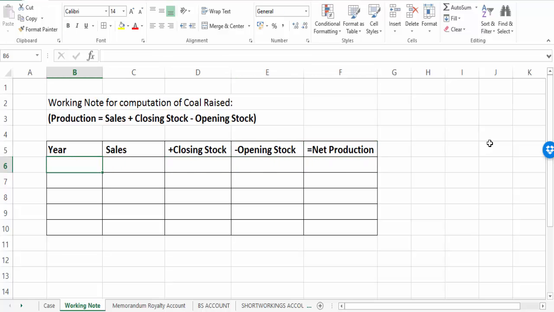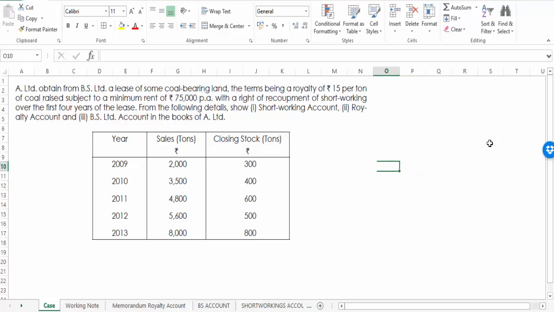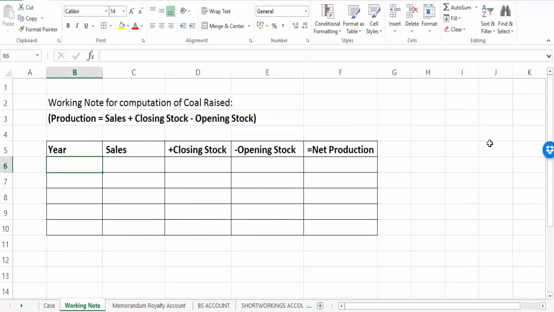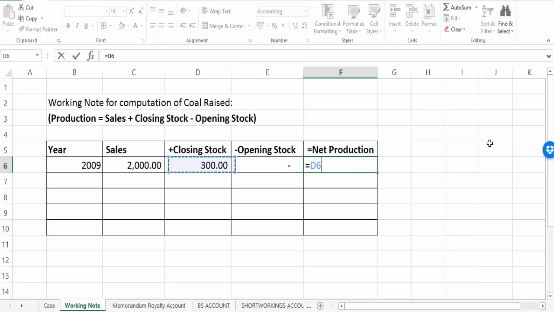So let's go to the 2009 position. In 2009, the sales is 2000 tons, and we have closing stock which is 300, whereas there is no opening stock. So net production is sales plus closing stock minus opening stock. Net production in 2009 is 2300 tons.